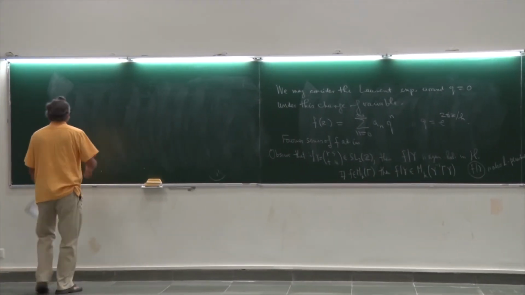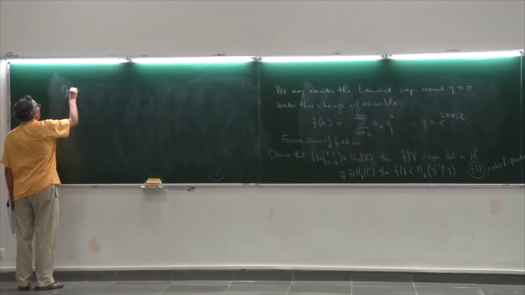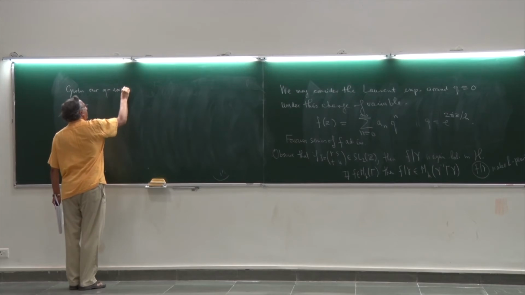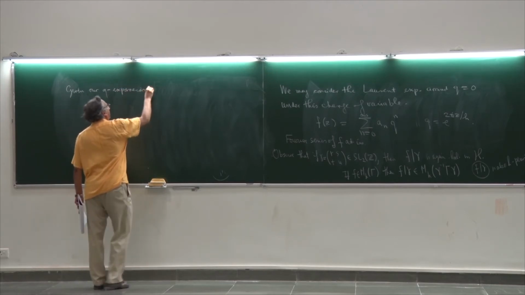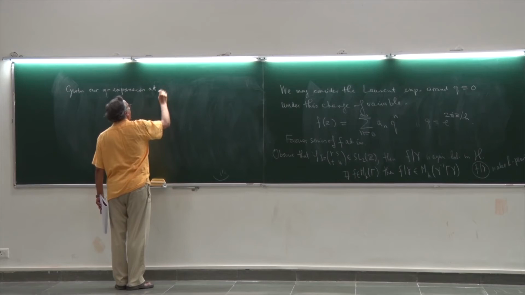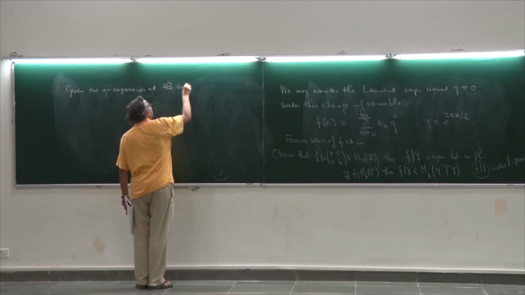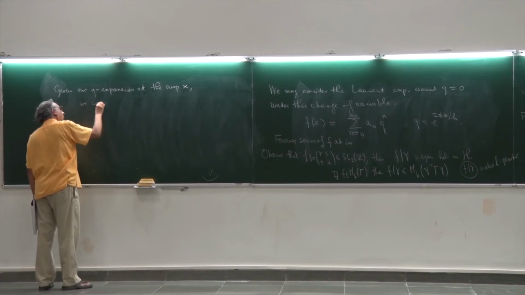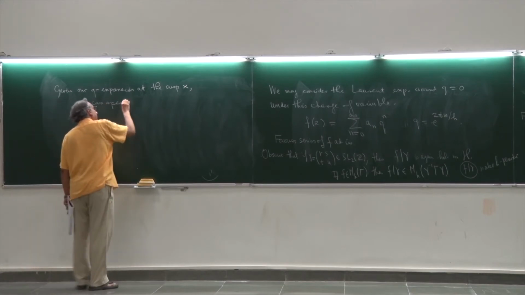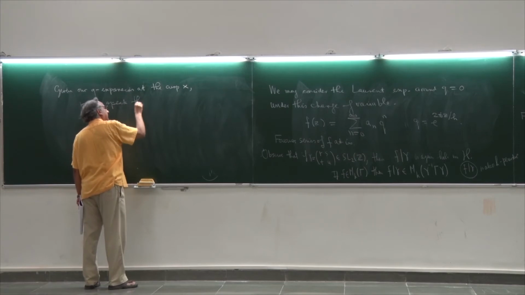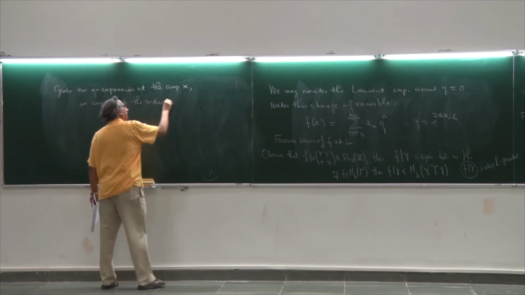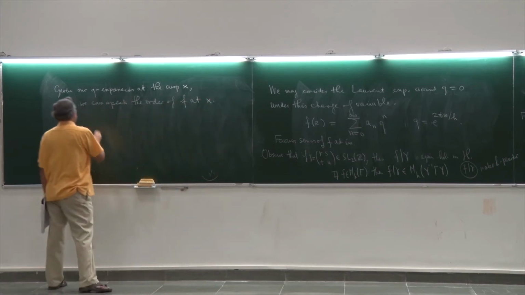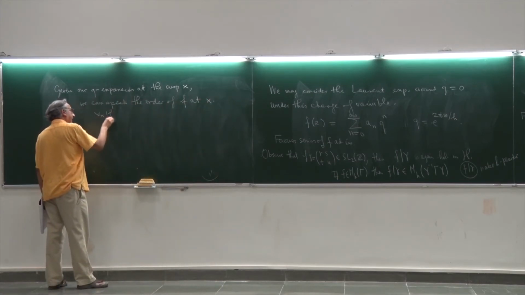So, given our Q expansion at the cusp x, we can speak of the order of f at x, and that'll be denoted v sub x of f.